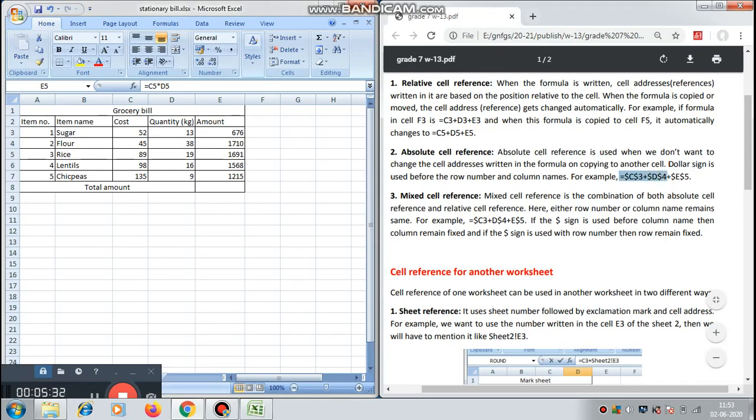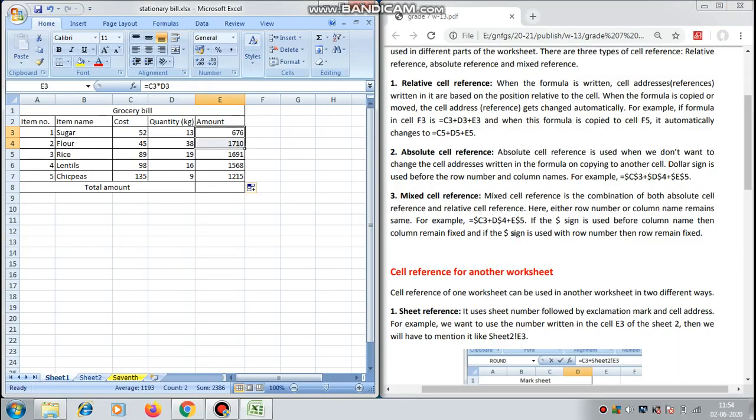You can see the formula that is written in absolute cell reference looks like this: equal to $C$3 plus $D$4 plus $E$5. Let's take an example of absolute cell reference. I'm going to erase these. Now I'm going to write a formula using absolute cell reference.